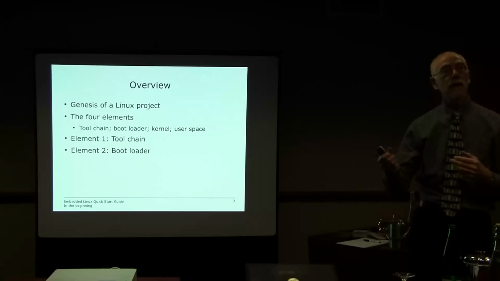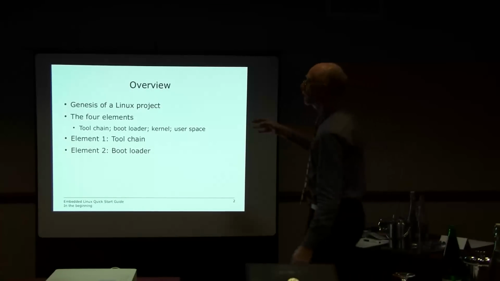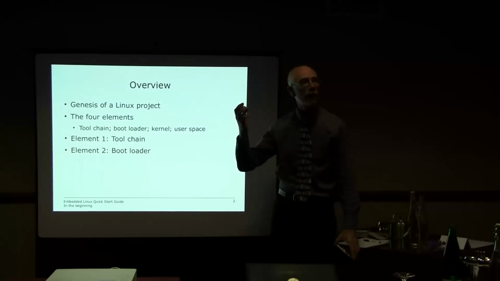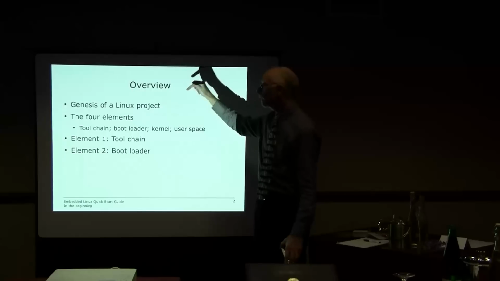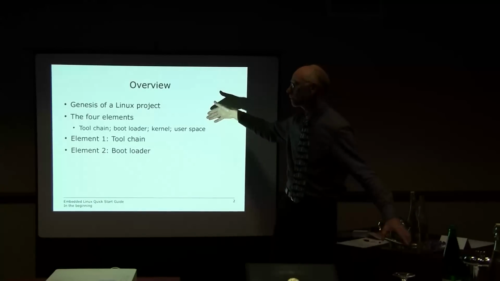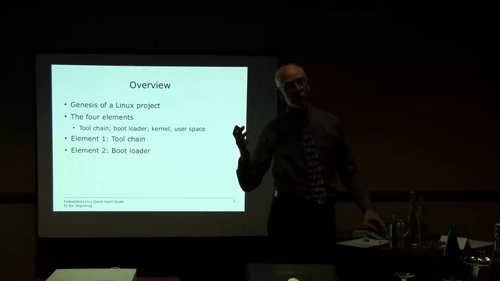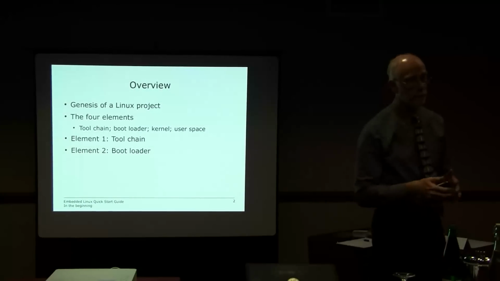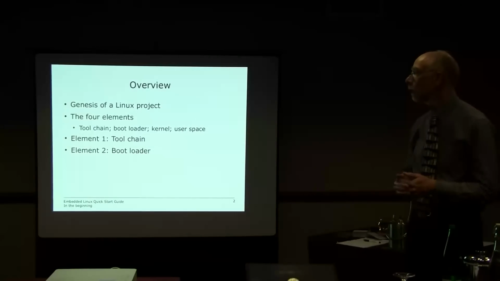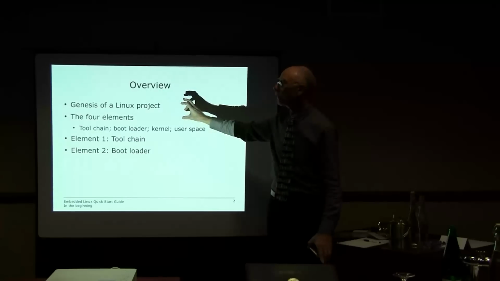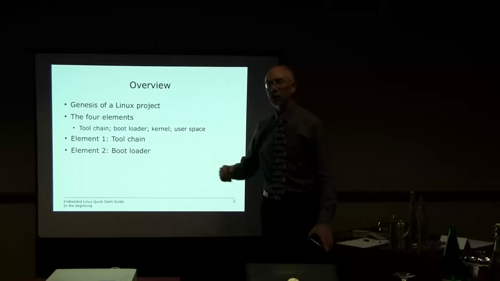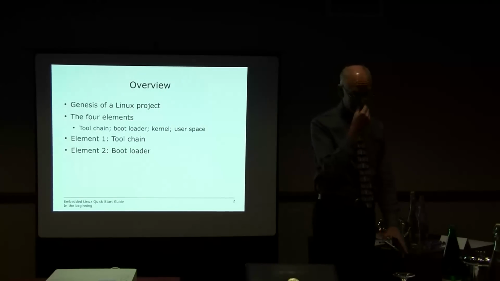As I said at the start, I want to talk really about these four elements, the four key things you need for an embedded project: a toolchain, a bootloader, a kernel, and, well, I've put here user space. Root file system is what I really mean. So in this presentation, I want to give the overview of this, and then I'm going to talk about the first two elements.